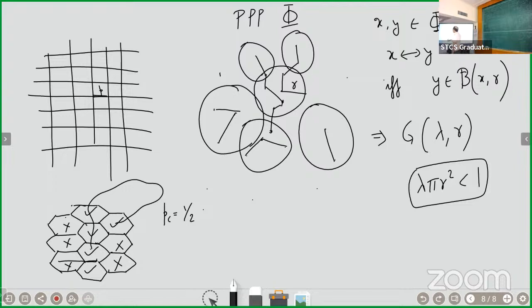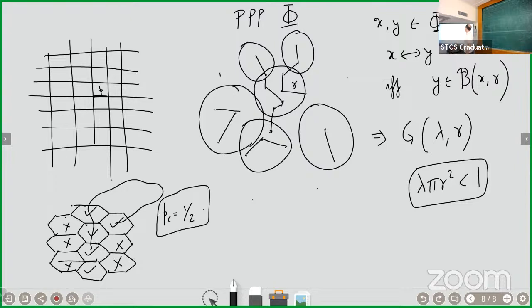Similar to what we did last time, you can get lower and upper bounds easily using very similar ideas, so we're not going to really explore this. Somehow we'll connect this to this: if there is percolation here, then there is percolation here, and if there is no percolation here, then there is no percolation here. Now think about how to connect them. We'll just use this as a black box.